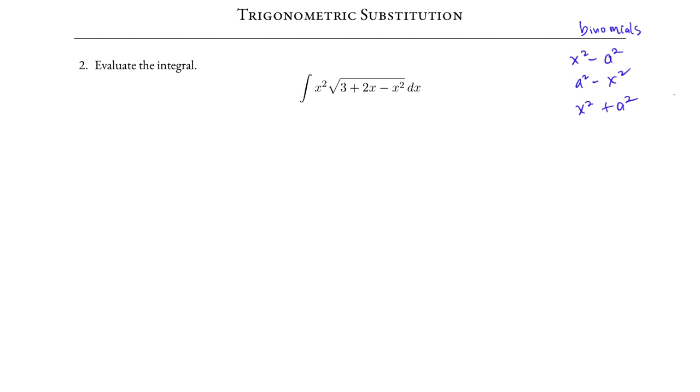To complete the square, keep in mind that a plus b squared is a squared plus 2ab plus b squared. To turn a trinomial into the square of a binomial, we need twice the product of the first and the last.